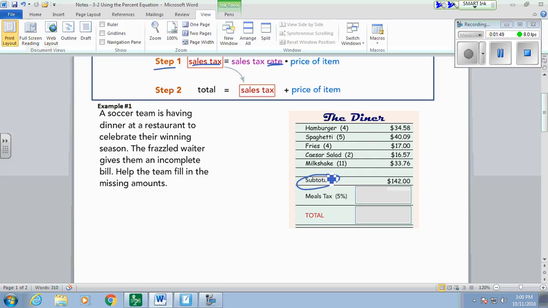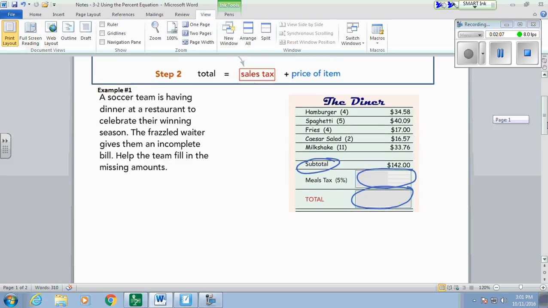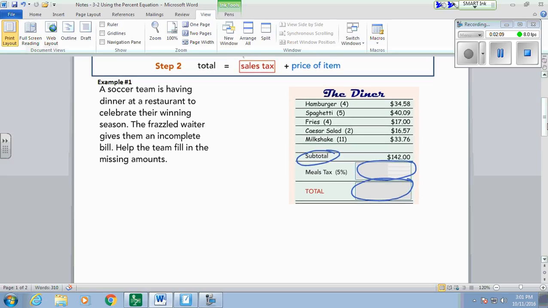The reason why that is a subtotal is because that is the total of all the meals, not including the tax. So what they would like us to do is to fill in how much tax, I shouldn't have said tip. If the subtotal includes everything except tax right now, they want us to fill in what the total is. So what we need to do is first figure out what is the amount of tax.